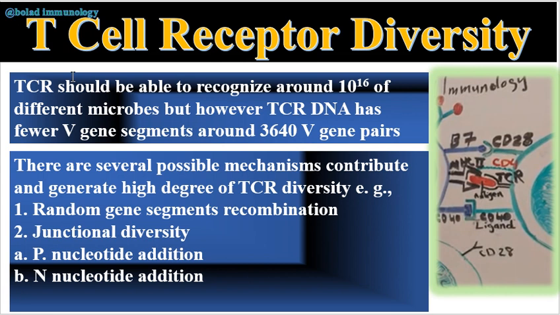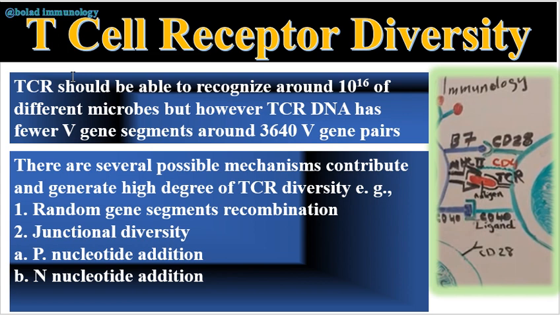However, the T-cell receptor DNA has fewer variable gene segments, approximately 3,640 variable gene pairs. However, several possible mechanisms contribute to generating a high degree of T-cell receptor diversity.